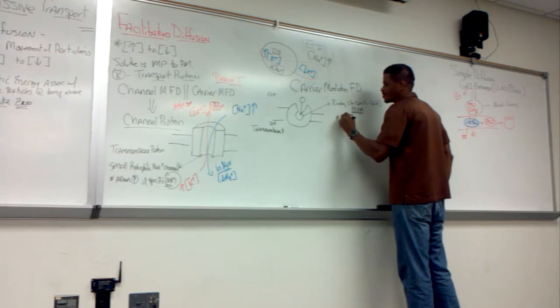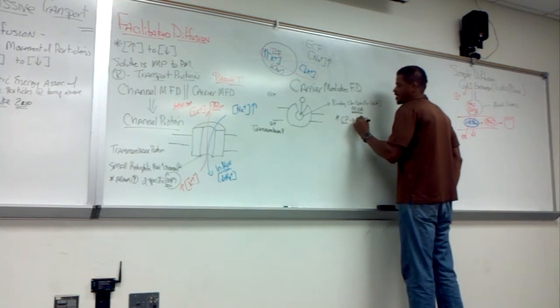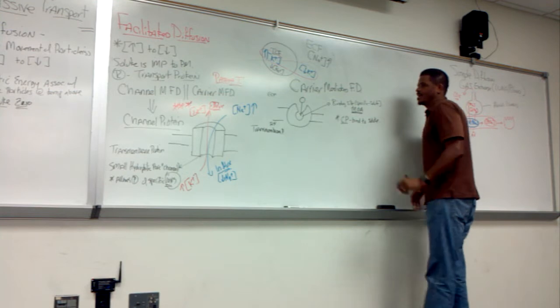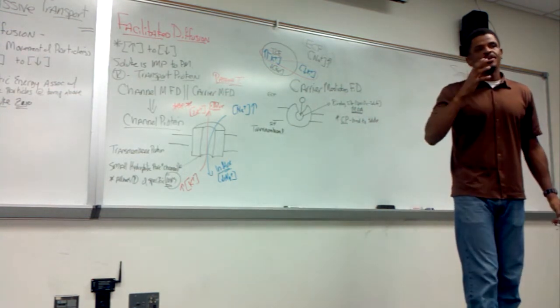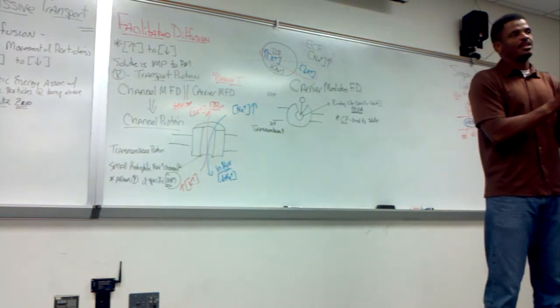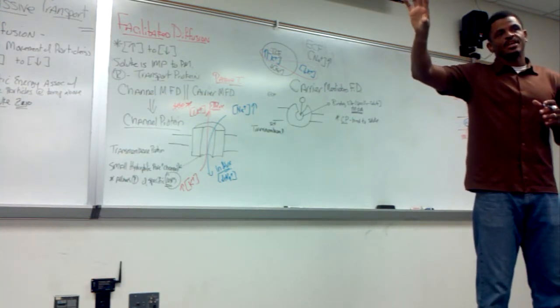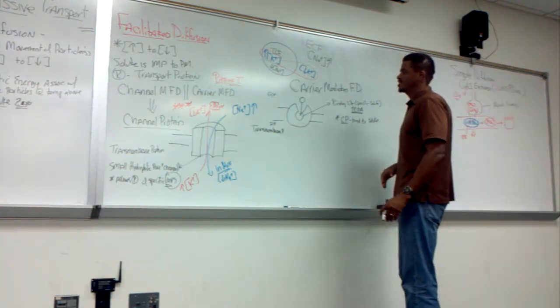So the carrier protein, CP for carrier protein, will bind to the solute. And once again, we just want to highlight that the binding capacity for that carrier protein for its particular solute is enhanced when it's exposed to the high concentration side for that particular solute. It decreases when it's exposed to the low concentration side. So the carrier protein binds to the solute.